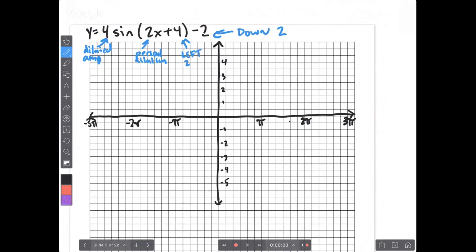Here in purple is going to be, this is 0, 0. I know the period got shrunk to 2 pi over 2, which is just pi. So it's going to be all the way back here by pi. It's going to be here, halfway across, right up at 4 is going to be up here, and down at -6 is going to be down there.